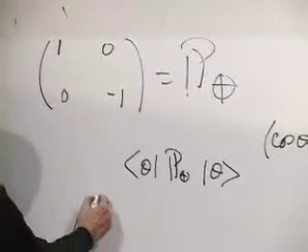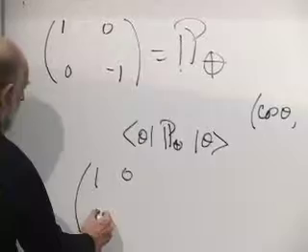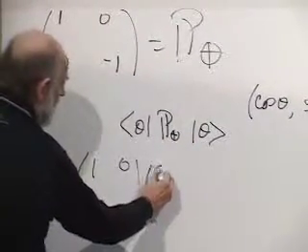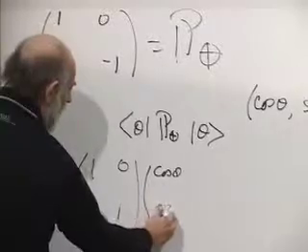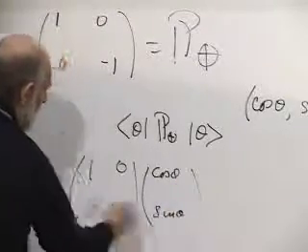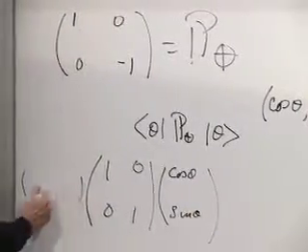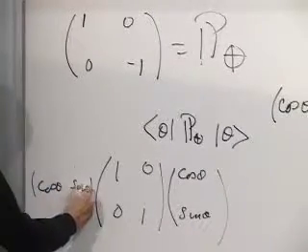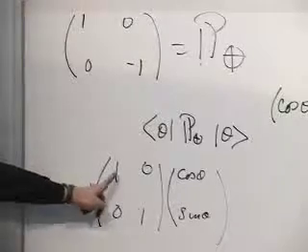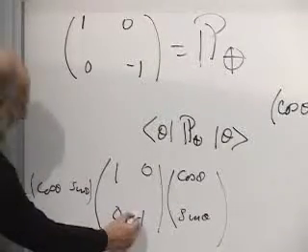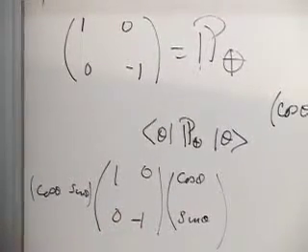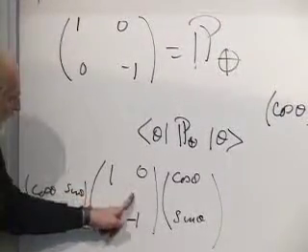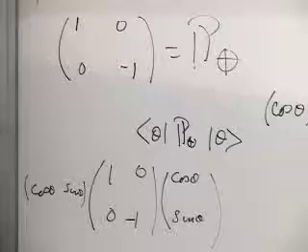Okay. In terms of matrices, that's 1, 0, 0, -1. The ket vector over here is cosine theta, sine theta. And the bra vector is just the row vector, also cosine theta, sine theta. What do I get when this is -1, excuse me. Okay, just take 2 minutes to work it out. Multiplying the matrix by the vector, what does that do?